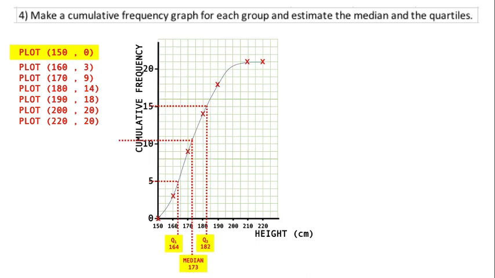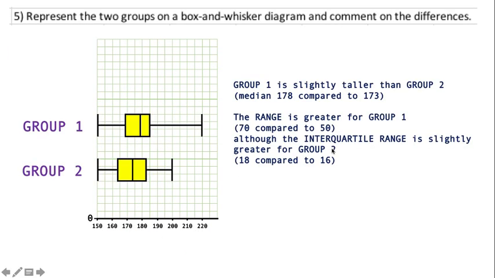I did the same for the other group and I got 164, 173, 182. And then for question 5, I put those on box plots. So you've got group 1 and group 2 represented by a box and a whisker. The whisker shows the full range of the data, the lowest to the highest values, and then the box shows the lower quartile, the median with a line, and the upper quartile at the top of the box.